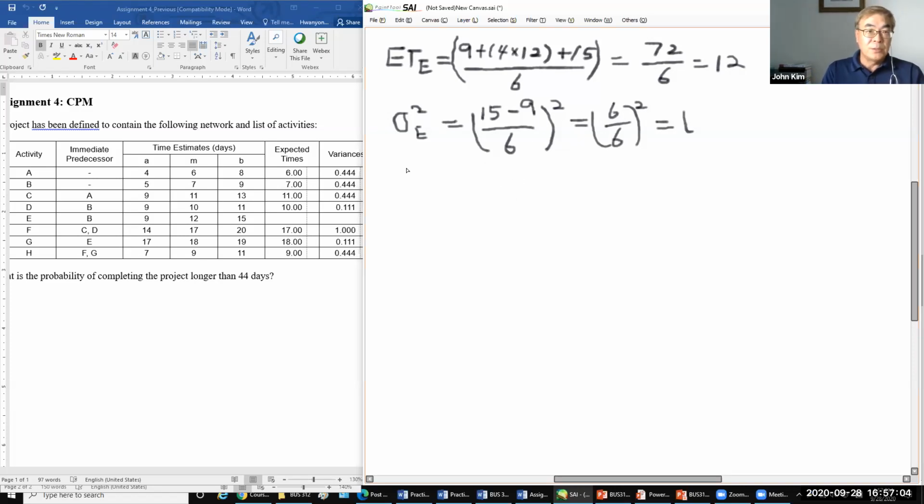Then we need a z-score because this one asks for longer than 44. For the z-score, we need to determine which one is the critical path. So draw a network.